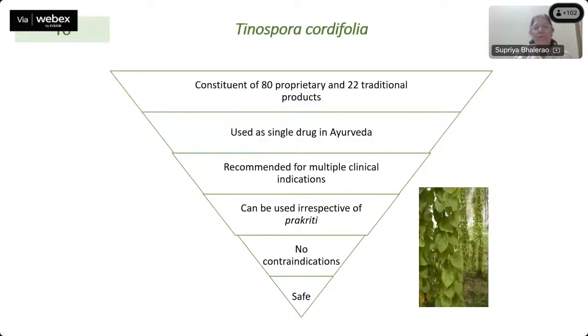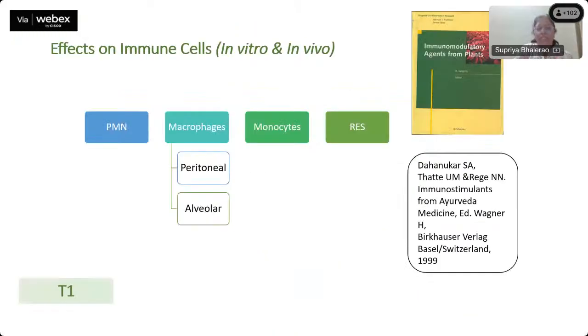She selected Tinospora cordifolia, and she had her own reasoning why Tinospora cordifolia, or Guduchi, from all the Rasayana drugs, because it is recommended for multiple indications and used irrespective of Prakriti, and so on. Then she did extensive studies using in vitro and in vivo models, and every cell involved in the immune system or immunity, polymorphonuclear cells, macrophages, monocytes, reticuloendothelial system, they showed.